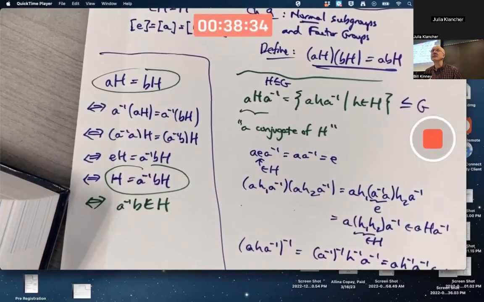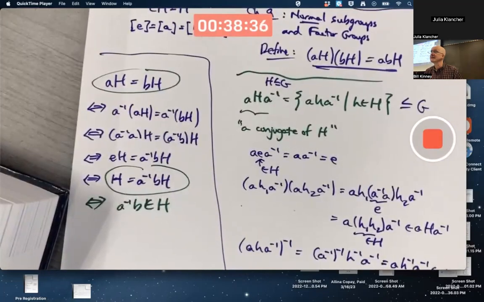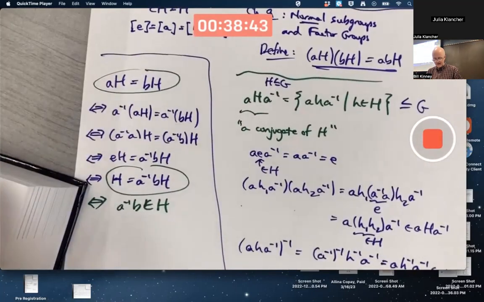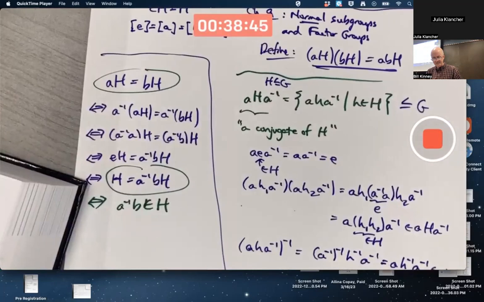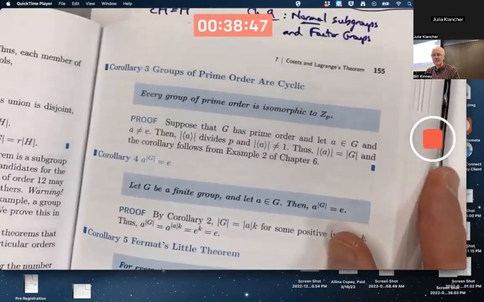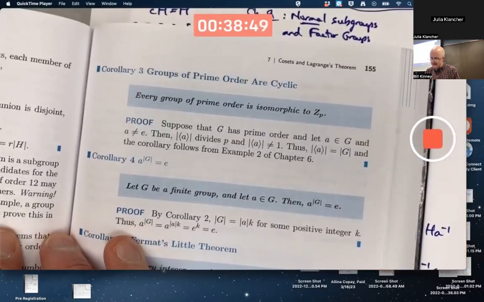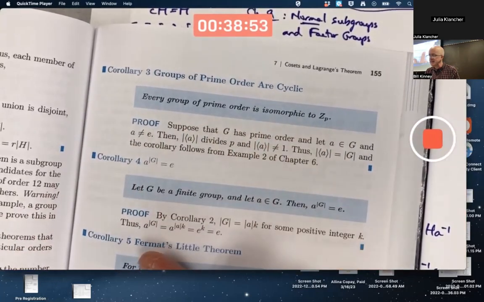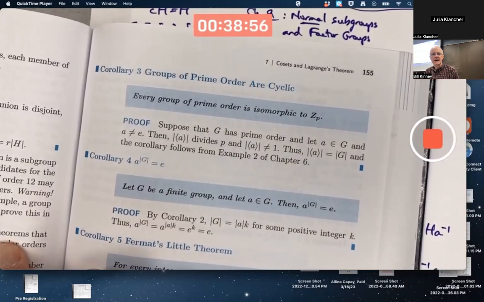In chapter 7, we start doing that as corollaries of Lagrange's theorem. What's one corollary? Corollary 3: every group of prime order is isomorphic to Z_p. Every group of prime order is cyclic.